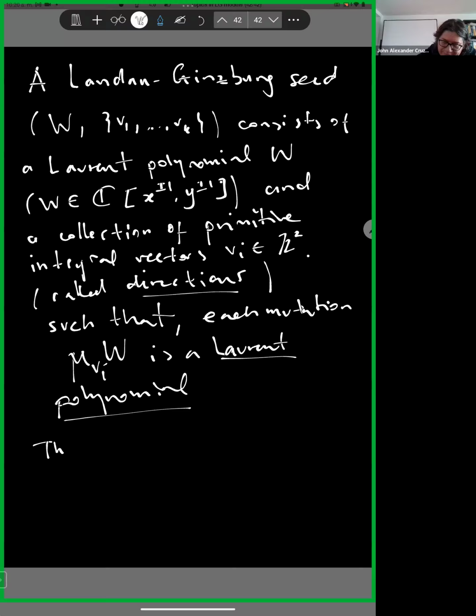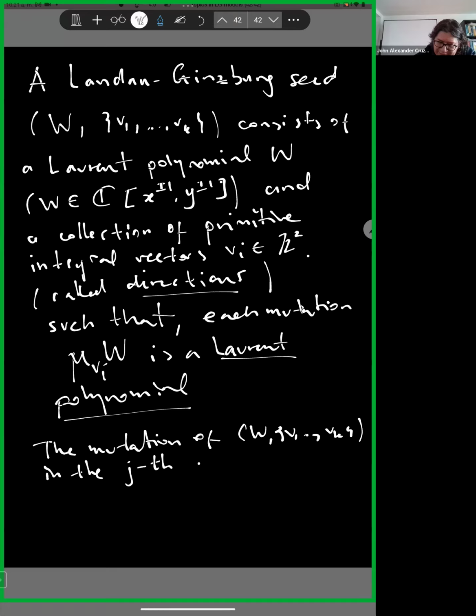The mutation of the seed in the j direction is: you mutate the polynomial with respect to the vector Bj, and then you mutate all of these vectors using the tropicalization, B1, etc., Bj minus 1.